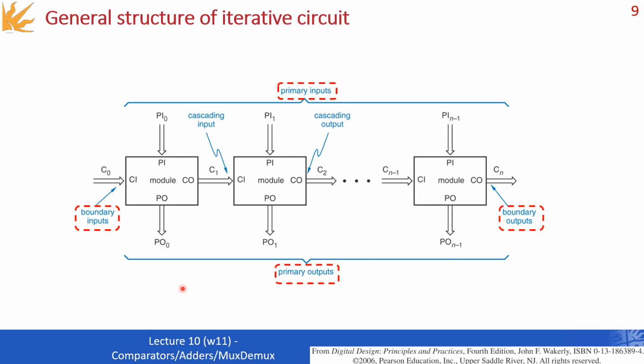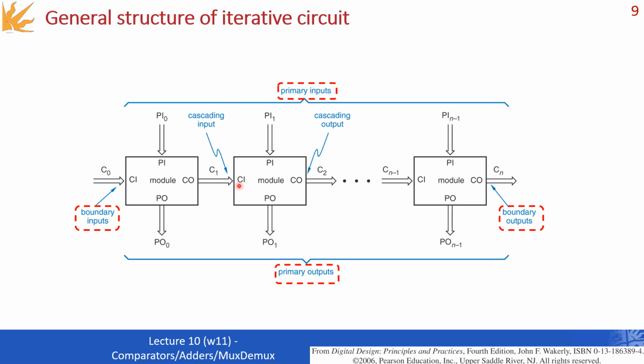Now, having the previous example in mind, let's see how a general structure of an iterative circuit would work. At the first level, you have some boundary inputs coming externally. And from now on, with each layer, you will have a cascading output used as a cascading input for the next layer.